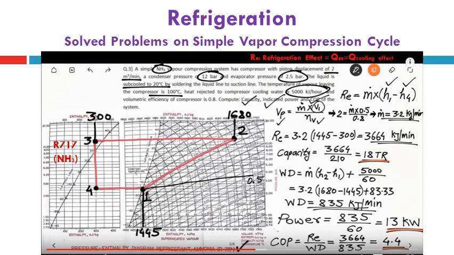So the first term is m dot refrigerant multiplying by H2 minus H1, plus the term which is lost during the cooling of this compressor, as mentioned in the heading of this problem, that the compressor rejected heat to cooling water, equal to 5000 kilojoule per hour. It will be used in the same equation but divided by 60 to unify the units of these terms in kilojoule per minute.